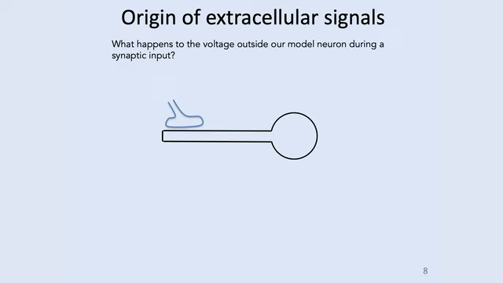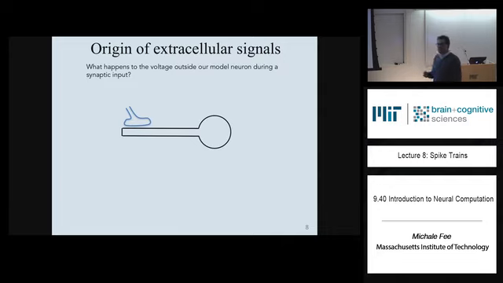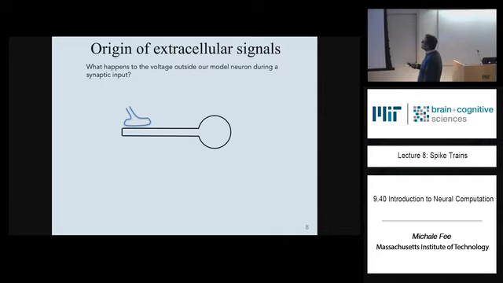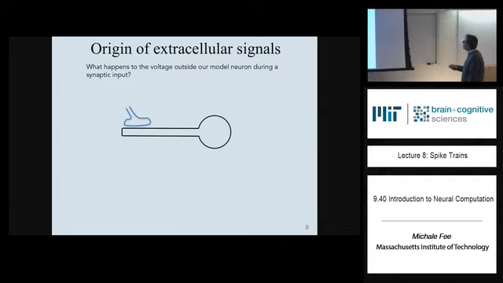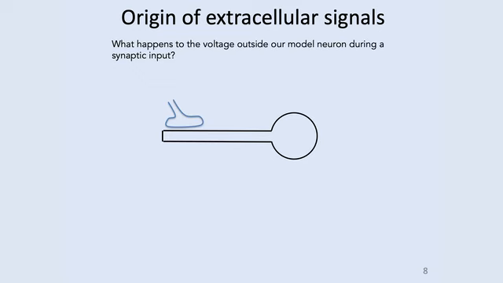Okay, so now let's take a look at what happens when we have synaptic input onto a neuron. It turns out you can also observe extracellular signals that result not from action potentials, but from synaptic inputs. So let's take our example neuron and attach an excitatory synapse to the dendrite.